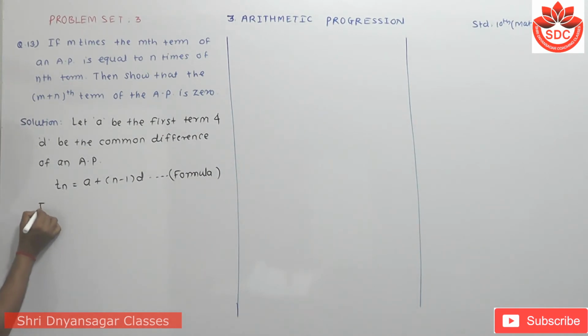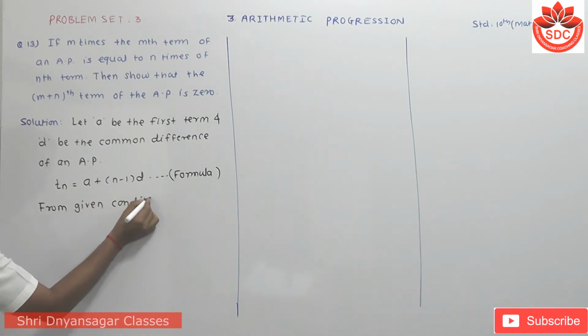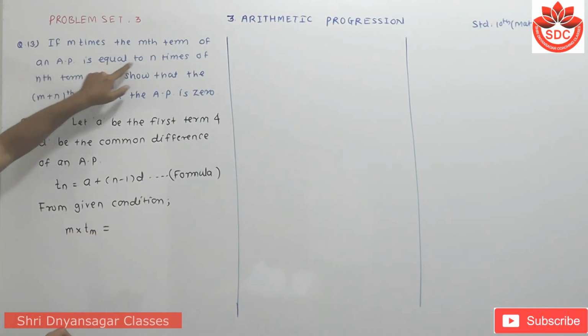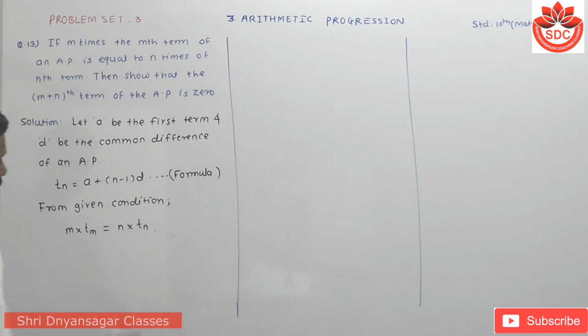Now from the given condition, this condition tells us that m times the mth term, that means m multiplied by tm, is equal to n times the nth term.